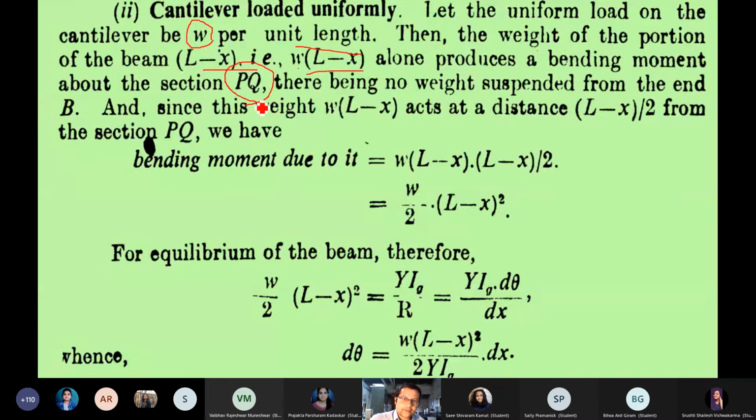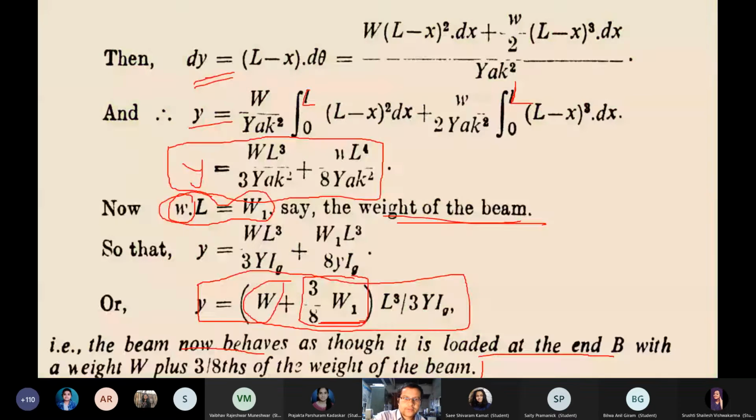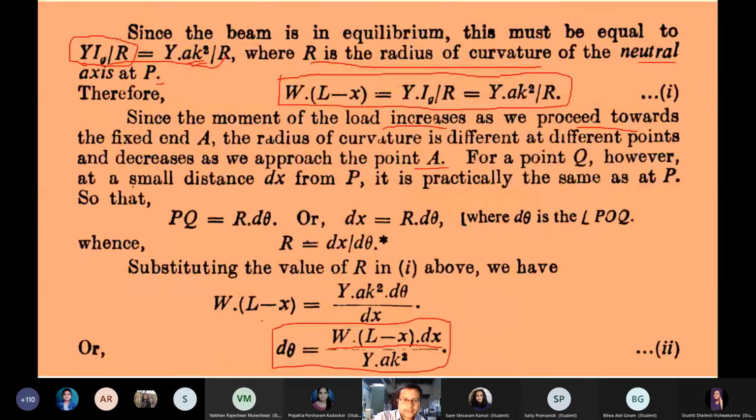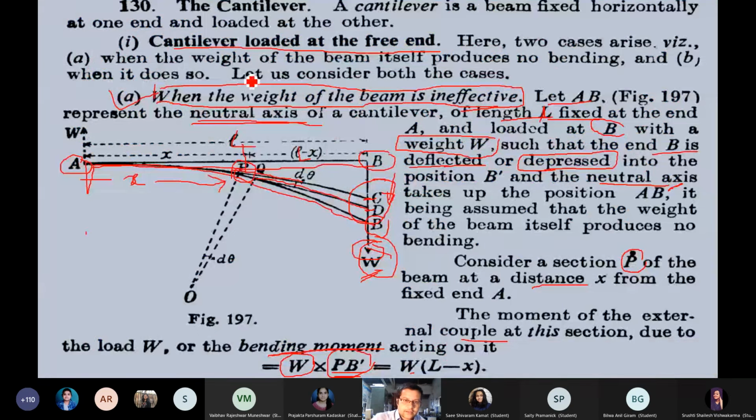So look at the geometry of the figure we are considering here again. You have to be very clear about this particular figure when you are talking about the equivalent loading or the uniform loading. We solve for a small portion PQ and then integrate over the whole cantilever beam.